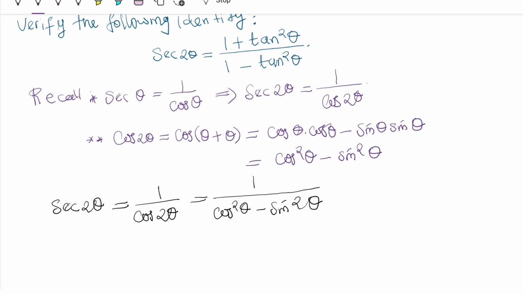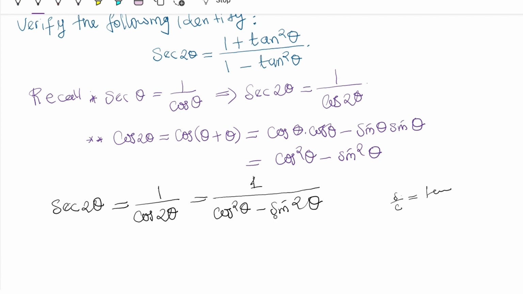All right. Next thing, we are going to do something here, because we want tan to appear somewhere. Now remember, this is cos squared theta, and you know that sine divided by cos gives tan.